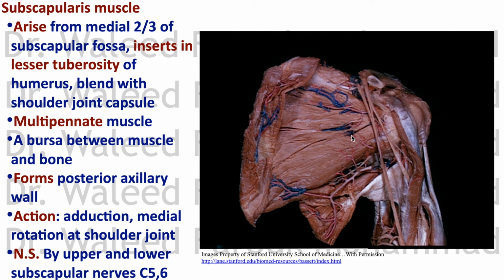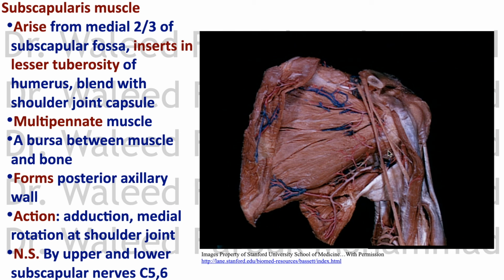This is one of them, the subscapularis muscle. A bursa between the muscle and bone, and it forms the posterior wall of the axilla, and the action is adduction, medial rotation at the shoulder joint.